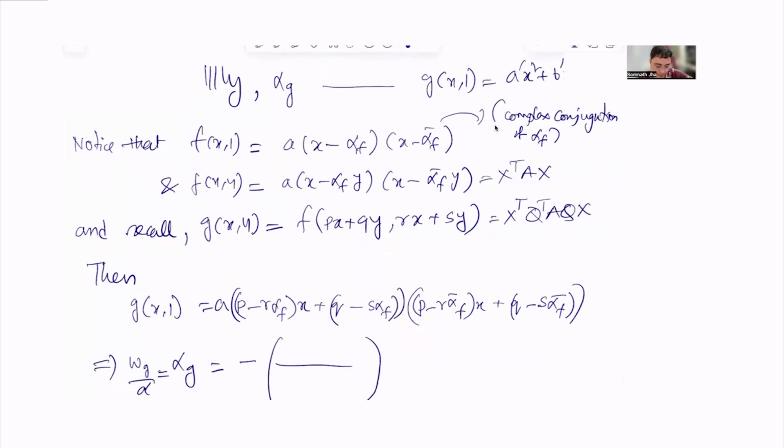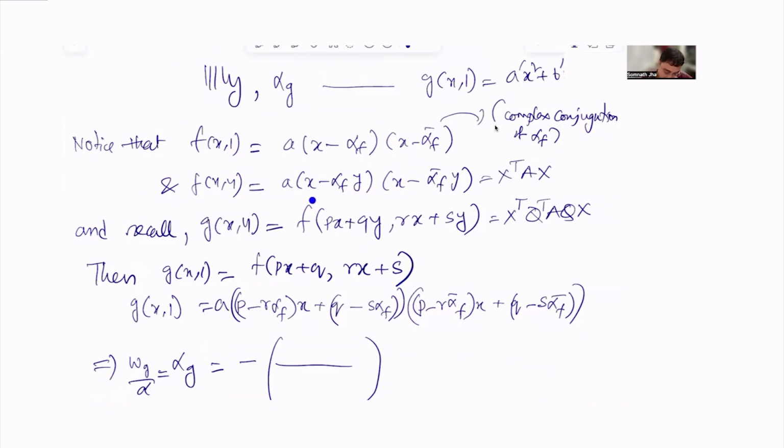So what will g of x1 be? g of x1 equals f of px plus q, rx plus s. You plug into this formula: instead of x you put px plus q, and instead of y you put rx plus s.